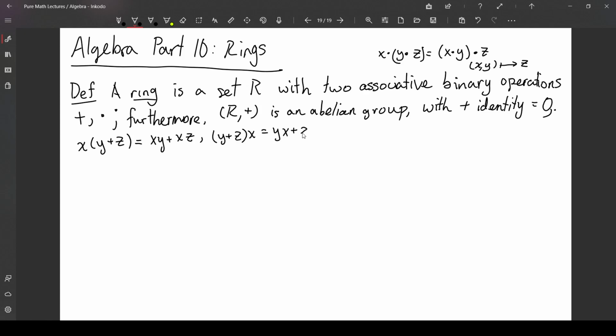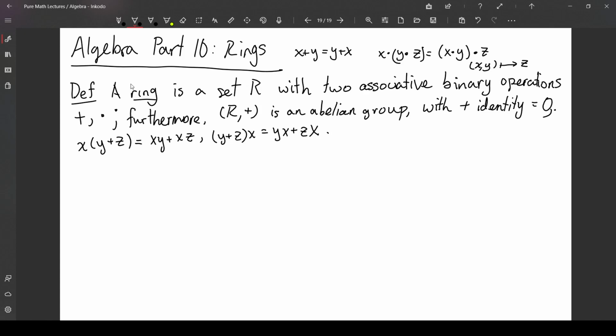Now notice here that our addition is given to be abelian, right? So it doesn't matter which way we add. However, typically it does matter which way we multiply. This is an x, not a y.